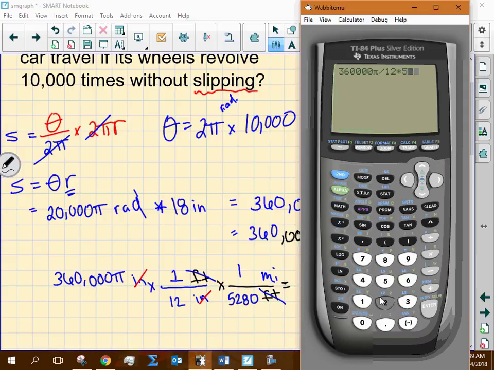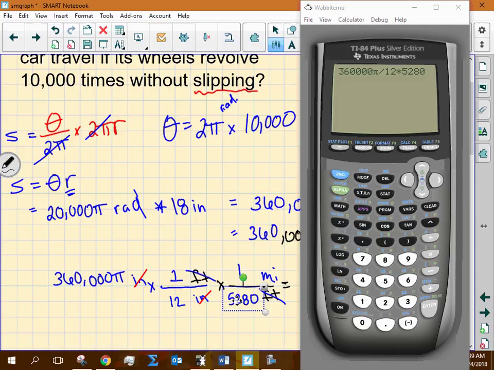If I do this, do I end up with the right answer? No. Okay, the order of operations, the way I've set this up, order of operations says do this division right here first, right? So it's going to take this number, 360,000. I keep messing up, 360,000. Take that number, divided by 12. It's going to evaluate that and then multiply by 5280. Okay? So that way of typing into my calculator has actually put this 5280 in the numerator. Does that make sense?